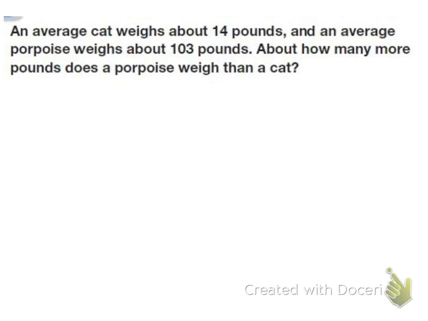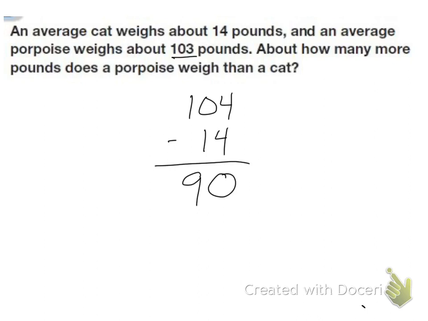With this one, I can change 103 to 104, and I can subtract 14 from it really easily, because I know 4 minus 4 is 0, and then 10 minus 1 is 9. So my answer is going to be about 90 pounds. Remember, LBS is the abbreviation for pounds. So you can estimate by rounding or using numbers that are compatible with each other to make it easier.